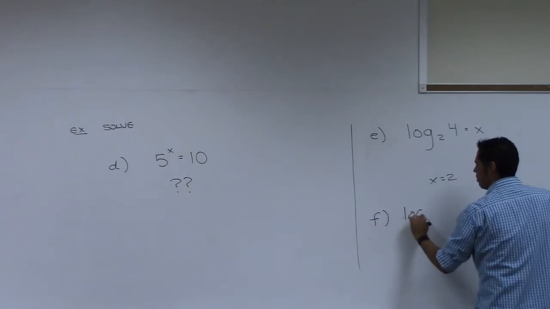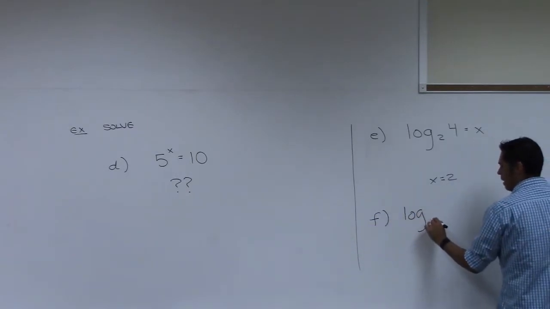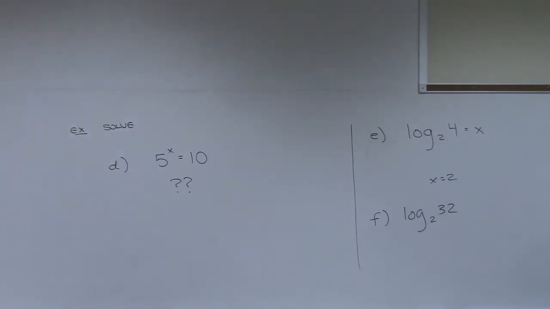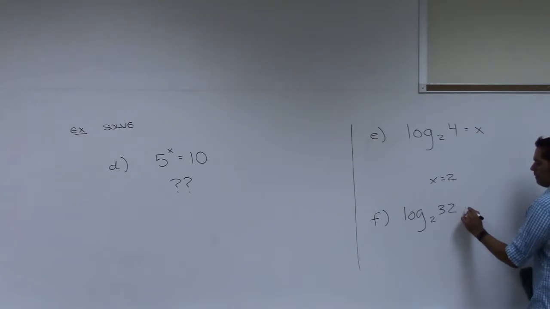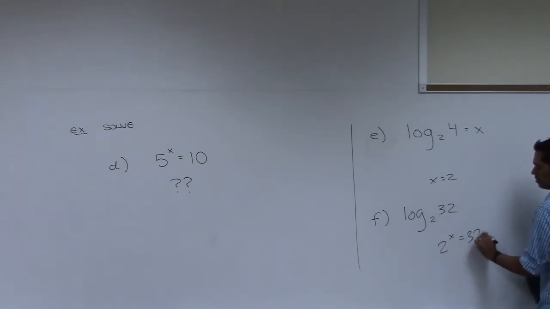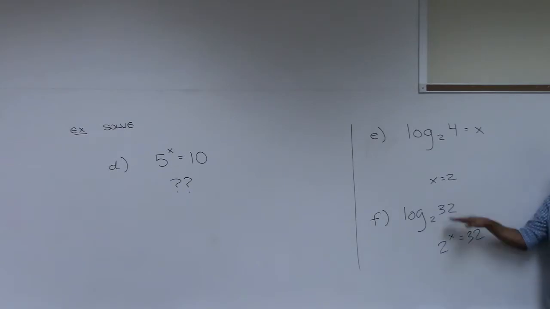How about this one? Log base 2 of 32. What's the question that's asking? 2 raised to what power equals 32, right? That's what this is saying to you. 2 raised to what power is 32? So do you know what it is?